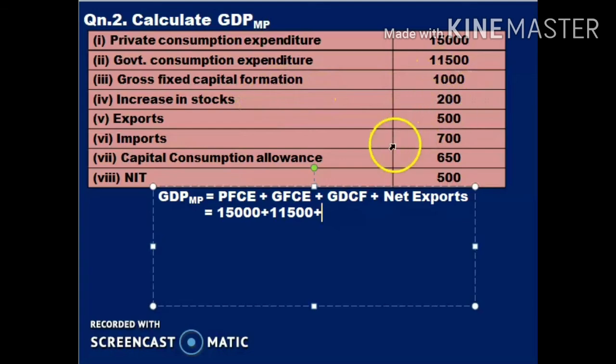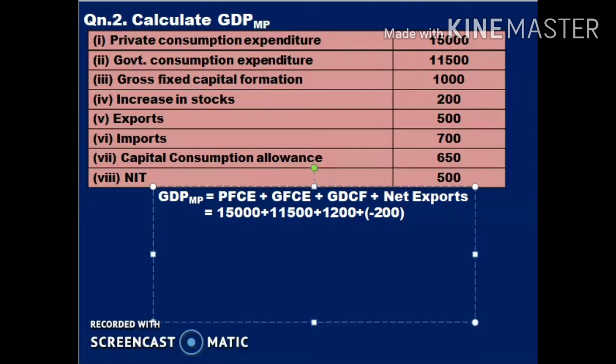The answer is 1,200. Then net exports are given: export minus import, which will be minus 200. After solving that, you will get the answer 27,500.